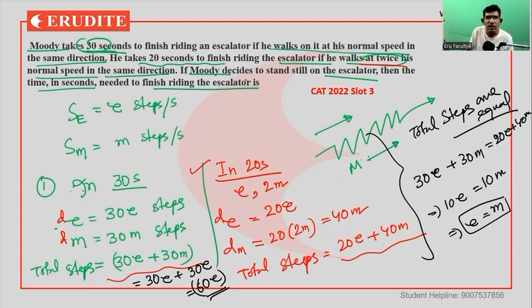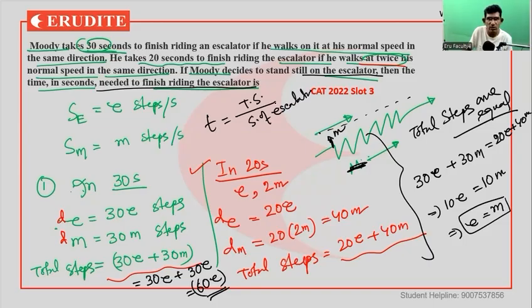Now the question is, if Moody stands still on the escalator, what is the time taken to finish riding the escalator? If Moody remains fixed, the time taken is the total number of steps of the escalator divided by the speed of the escalator.